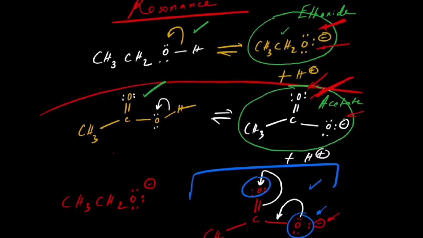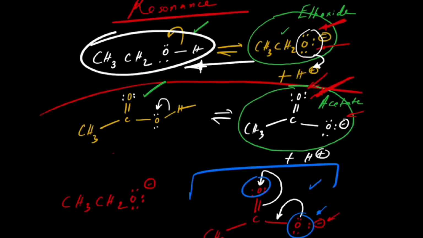Whenever negative charge is localized, it is concentrated at that center, and that center where the negative charge is concentrated is more reactive towards H plus. So because here the negative charge is concentrated, it will very reactively grab the proton back and go in the backward direction. If it is going in the backward direction, this is not very acidic.